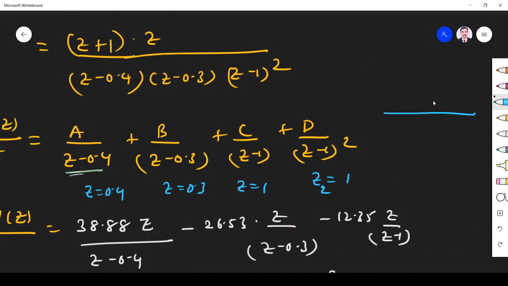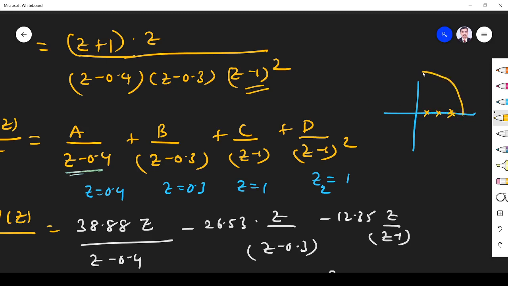So the pole-zero diagram will be like this: one pole at 0.3, one at 0.4, and we have 2 poles at 1. So totally 4 poles.